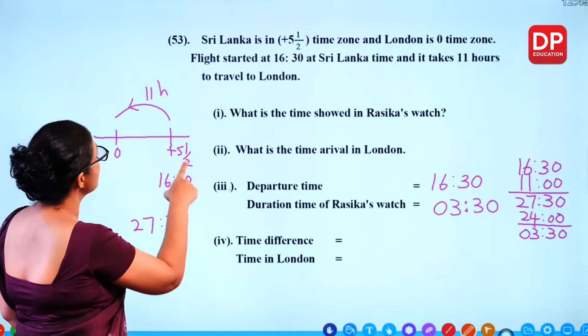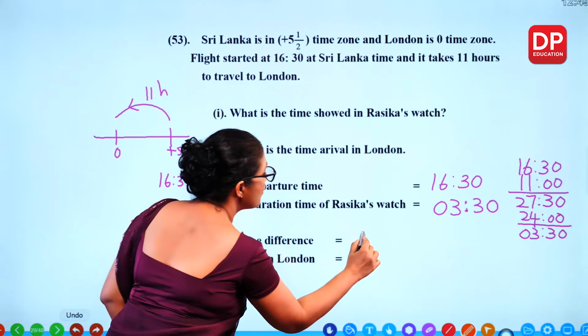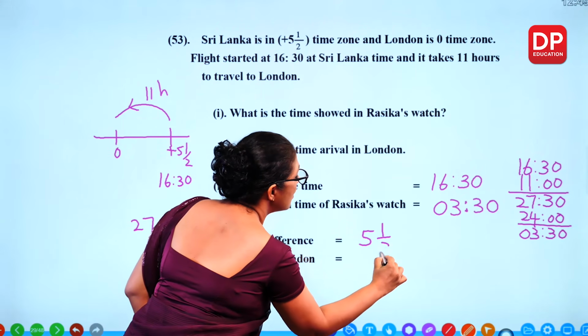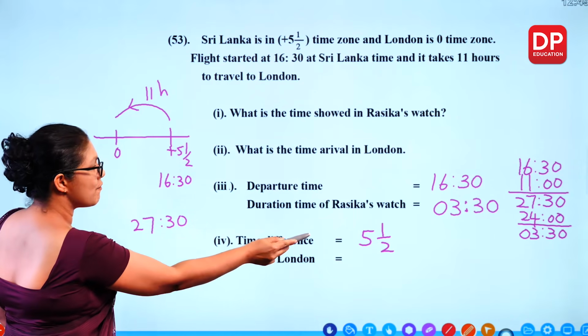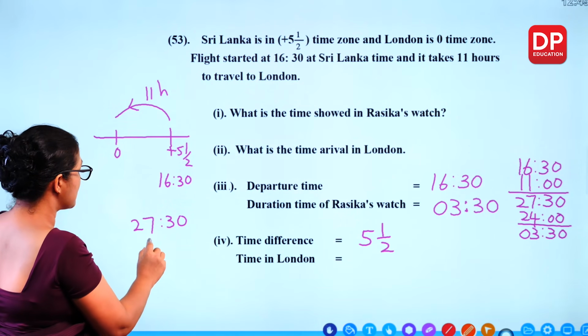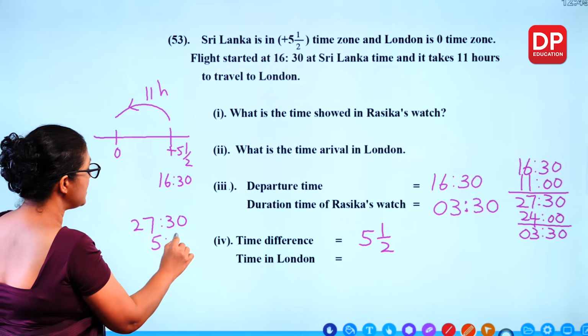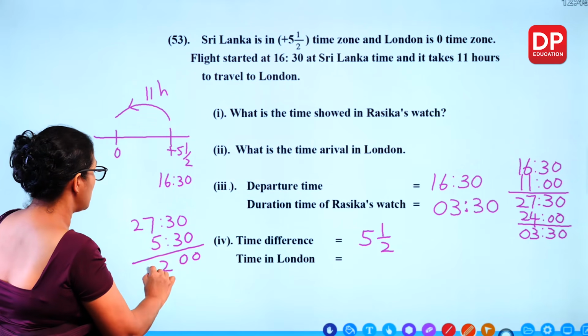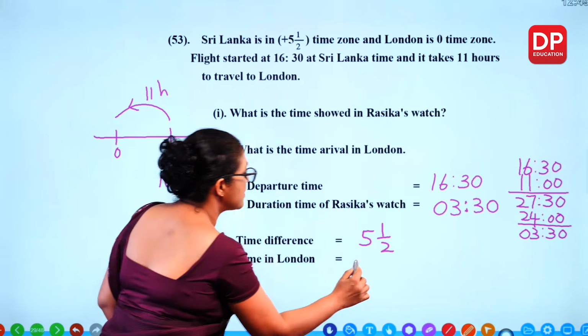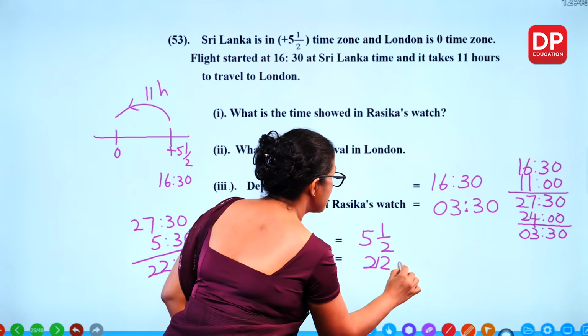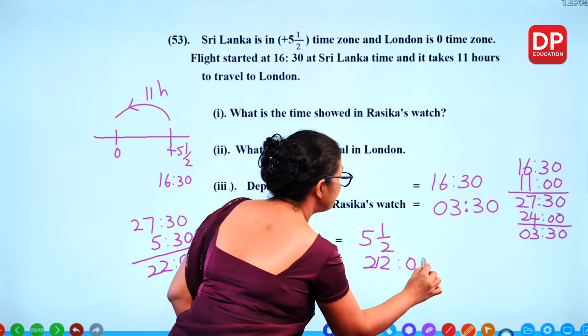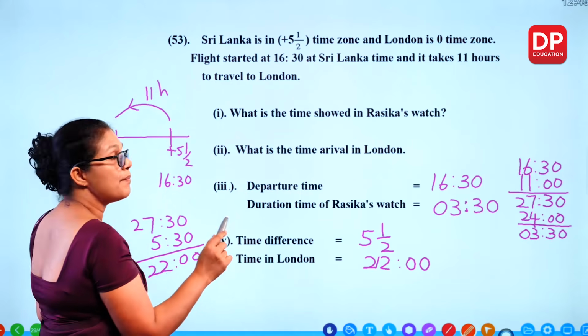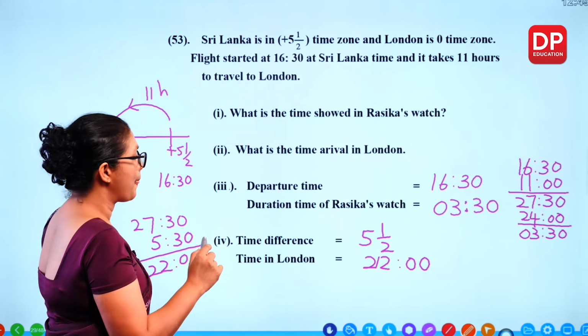So the time difference is 5.5. So you have to subtract 5.5 from this. 5.5 means 5:30. So you get 22 as the time. So 22 means evening time. So that's the time in London.